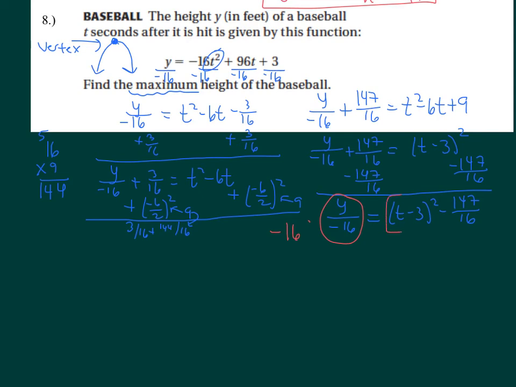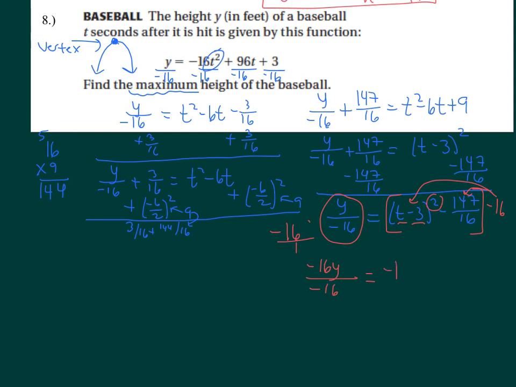So that means I'm going to distribute negative 16 times the quadratic term and times the constant term. On the left-hand side, negative 16 is really negative 16 over 1, so I'd have negative 16y over negative 16. On the right side, I can't actually multiply the negative 16 times anything inside of here because the exponent has to come first.